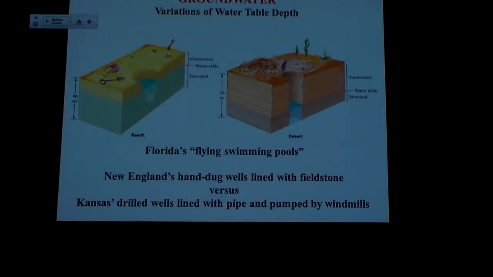Have you ever noticed there are different wells in different parts of the country, different styles? If I go to New England, one of the first things you think about is the quaint New England inn, and they've got the well out in the front yard, and it's a well lined with stone, and it's got a little roof over it, and a bucket on a winch, and you lower the bucket down the well and pull the water out.